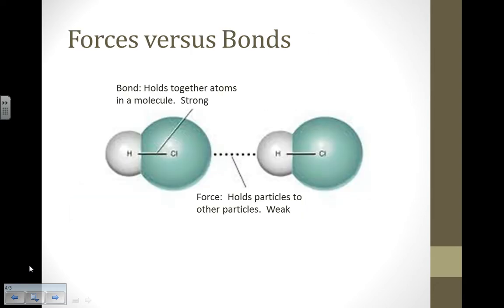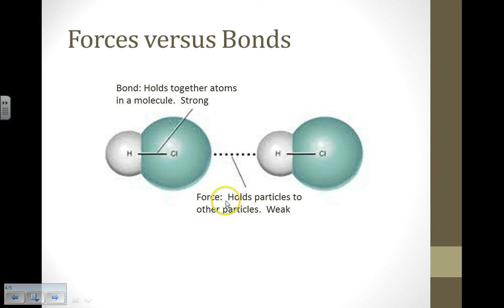So we also then need to talk about forces versus bonds. So here's your HCl molecule that we just talked about. Here's H, here's Cl, and this is a bond. Again, it's something that holds atoms together in a molecule. That is typically pretty strong. But molecules and particles can be attracted to each other, not by a bond, but just by this molecule being attracted to this molecule.